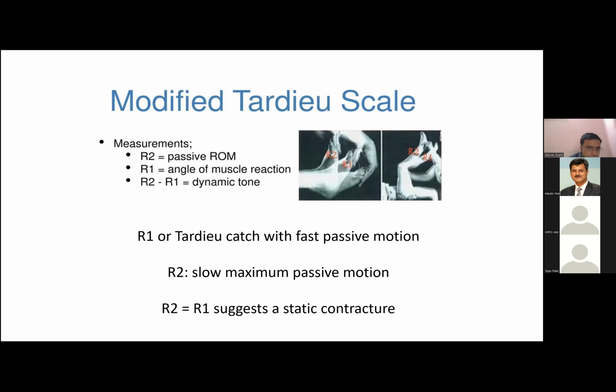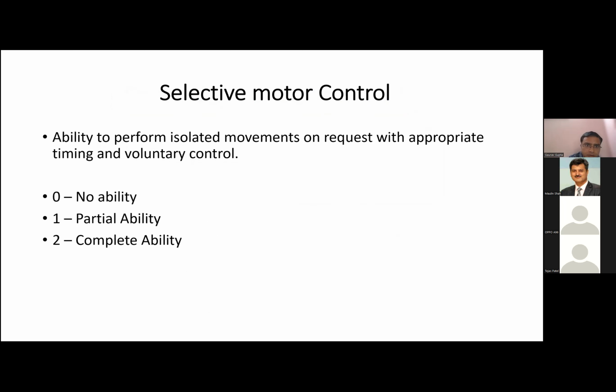First, you have to invert the foot and make the ankle neutral, and then you can check, but it sometimes becomes difficult. Rest, we can use this Tardieu scale at all the levels, like hip adductors, rectus, hamstrings. So the modified Tardieu scale is what we use frequently.